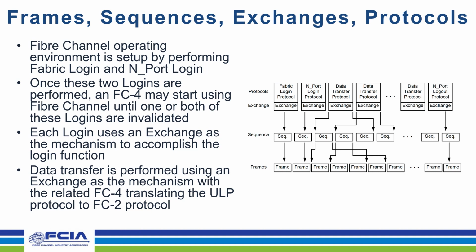Once both of these logins are performed, then an FC4 protocol may start using the Fibre Channel until one or both of those logins are invalidated. Each login uses an exchange as the mechanism to accomplish the login function. And again, data transfer is performed using an exchange as the mechanism, with the related FC4 translating the ULP protocol to the FC2 level protocol.